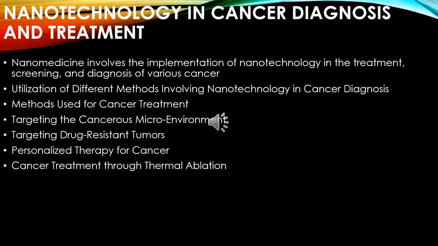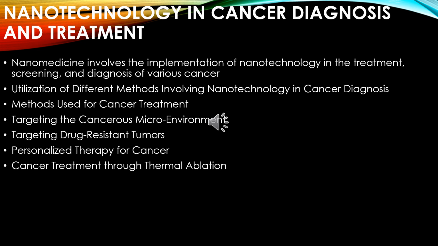One is the intake of vehicles into the target cells. Where we are using vehicles into the target cells, a number of cancer targeting ligands such as growth factors, folates, cytokines, and antibodies have been used. By using these nanoparticles, we can enhance the permeability and the retention time of the nanoparticles which have been loaded with some drug.